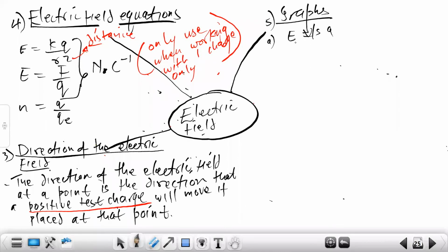It's going to be easy for me to do it because now I will have my line here and I will know that I'm going to have a straight line thereof. This will be my E and then this will be my Q, looking at the first equation.